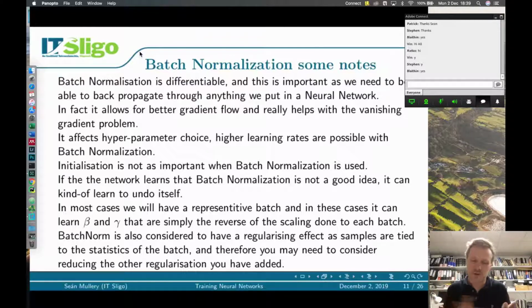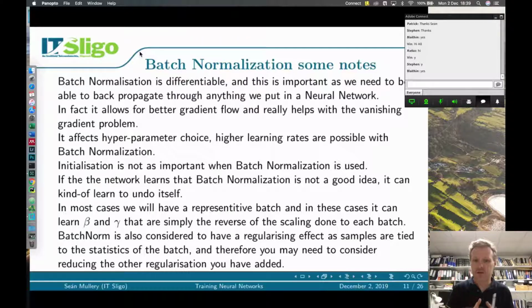So the two are not exactly interchangeable, but they're not far off either, because you tend to find that the batch is quite representative of the entire statistics. In most cases we will have a representative batch, and in these cases it can learn beta and gamma that are simply the reverse of the scaling done at each batch.